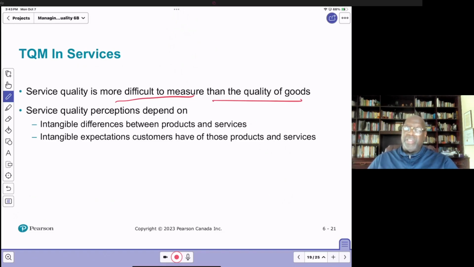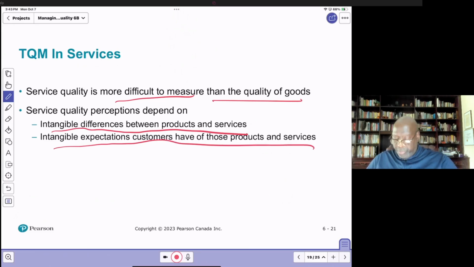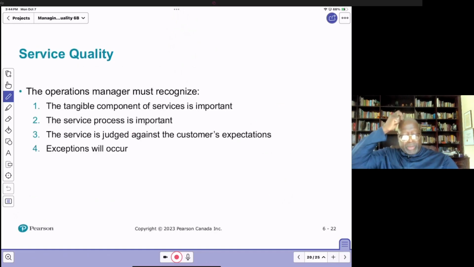But in a service, we rely on the customer to give us an indication as to whether or not they're happy. Service quality perceptions depend on intangible differences between the products and services and the expectations that the customer has of those products and services, right? So the operations manager in that case must recognize that the tangible aspects of the product or service are important.